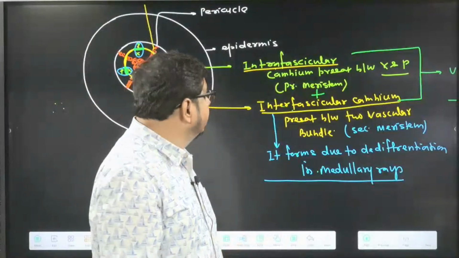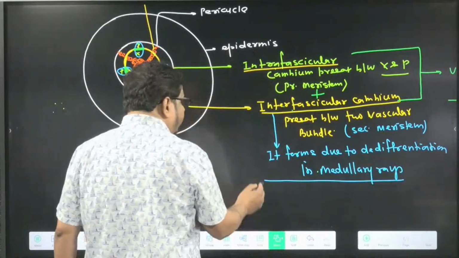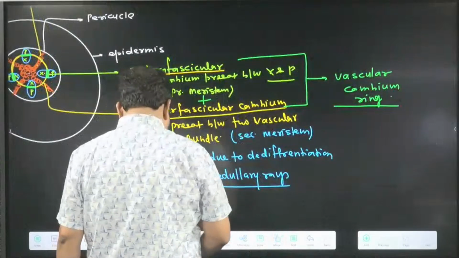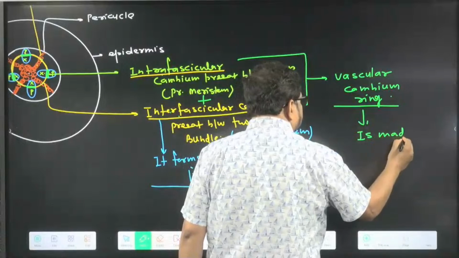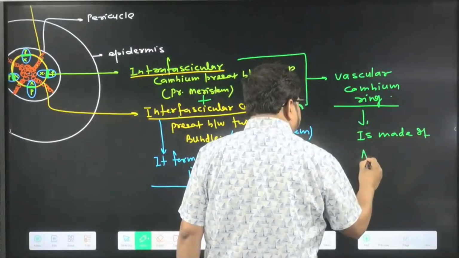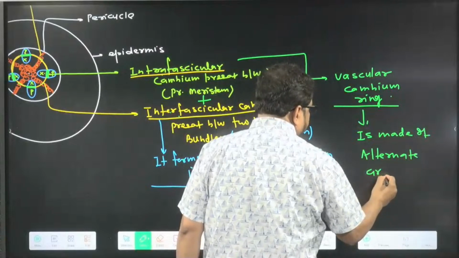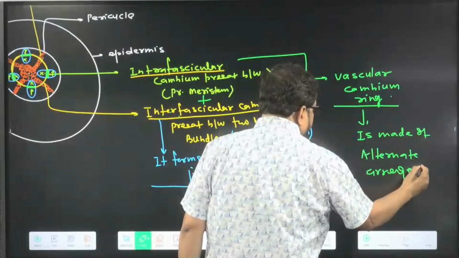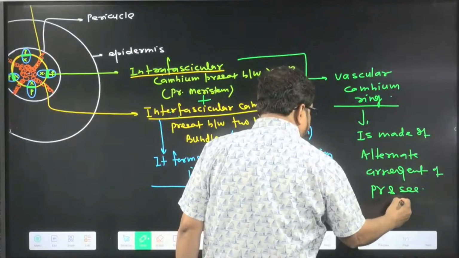So the vascular cambium ring in the dicot stem is made up of an alternate arrangement of primary and secondary meristem.